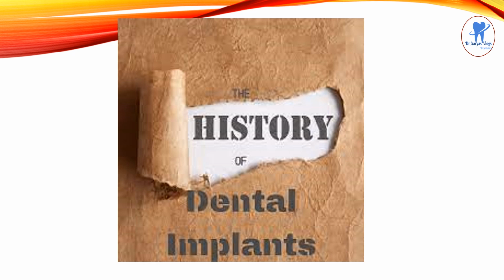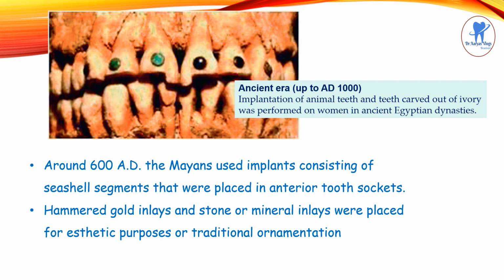Coming to the history and evolution of dental implants. This is the ancient era up to AD 1000. Implantation of animal teeth and teeth carved out of ivory was performed on women in ancient Egyptian dynasties. Around 600 AD, the Mayans used implants consisting of seashell segments that were placed in anterior tooth sockets.